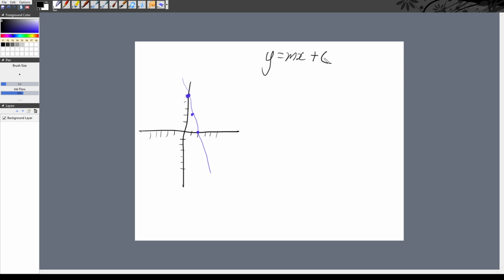plus c. Now, if I start off at 0 and I add 2, and then I add 2, and then I add 2, and then I add 2, we could say that the rule is y is equal to 2x. Because every time I've added 2, I've ended up with a multiple of 2.